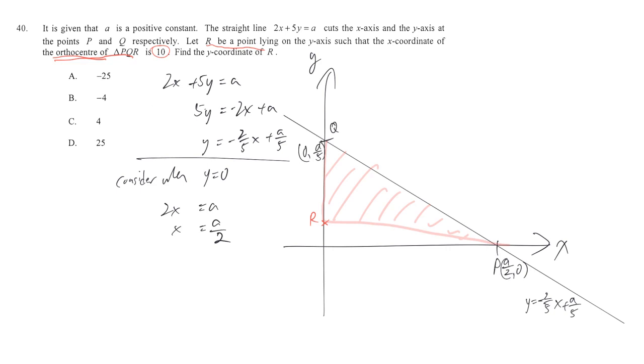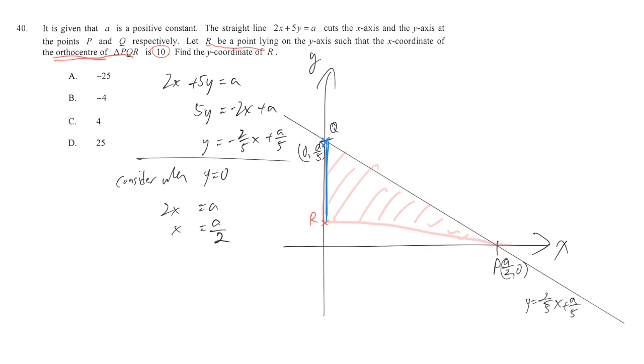The orthocenter is from point Q. We draw a line so that it's perpendicular. But this is not a very good drawing, because RQ is vertical, and vertical or horizontal lines have a great advantage, they're perpendicular together.